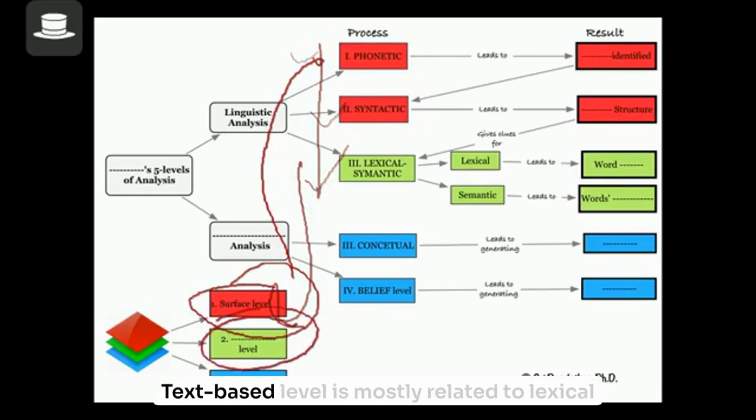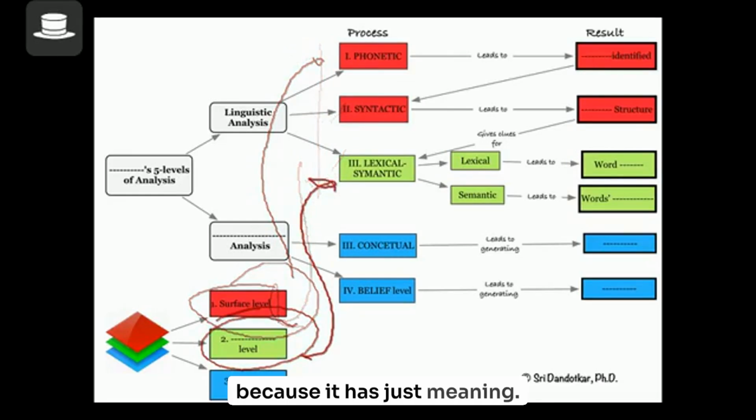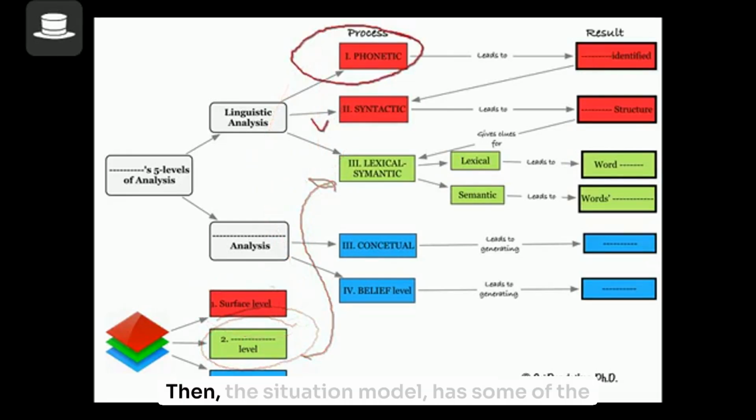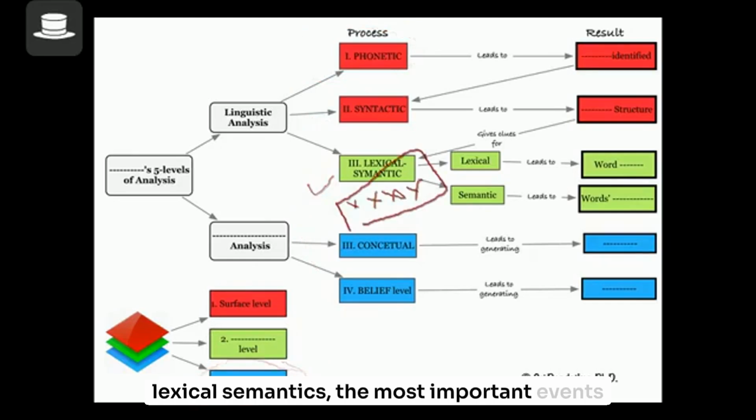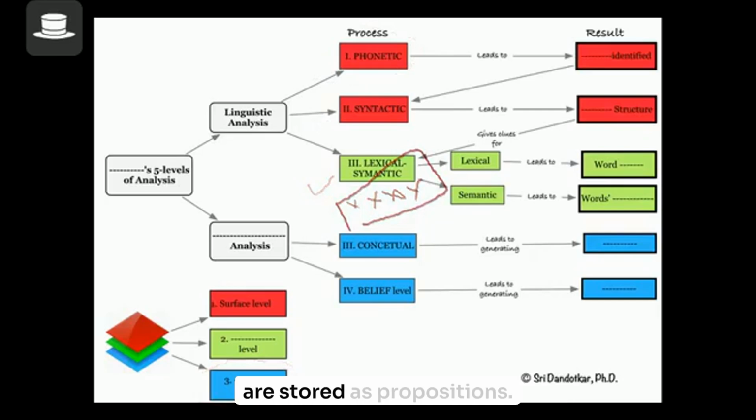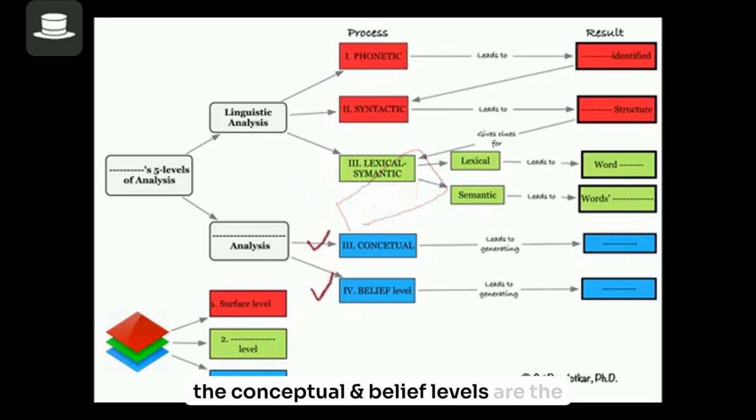Text base level is mostly related to lexical semantic because it has just a meaning, not the exact word. And then the situation model has some of the lexical semantic. The most important events are stored as their positions. Most importantly, the conceptual and belief levels are the important part. So it's not just blue inferences, but some parts of green are also there.